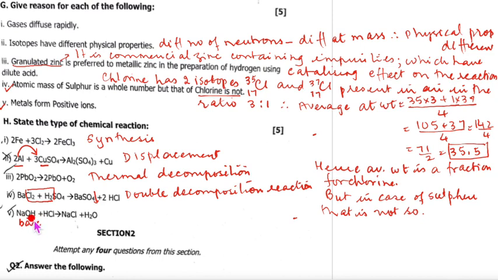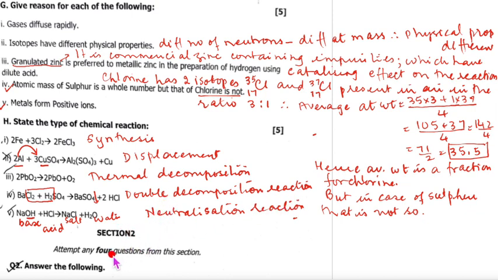Why it's a base? Because it's got this hydroxyl group, and HCl, you know, is the acid, and it is giving us here salt, and this is water. So this is your neutralization reaction.